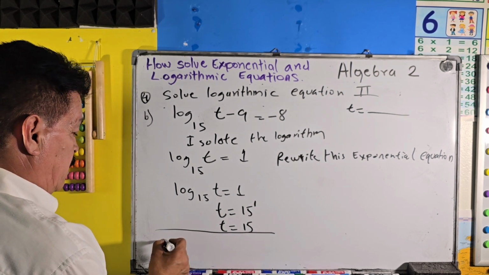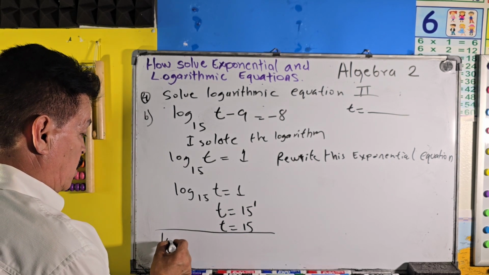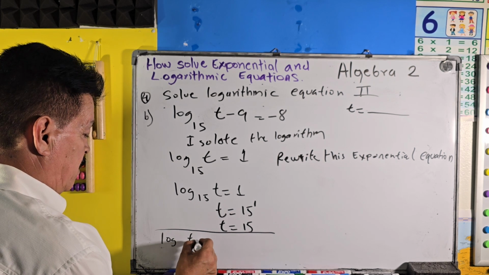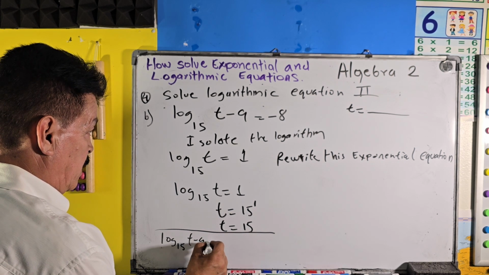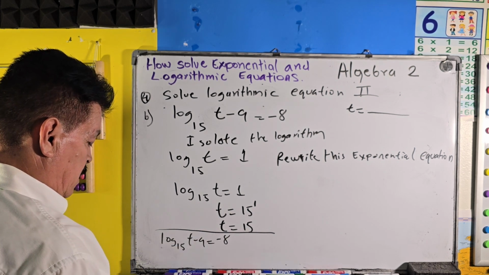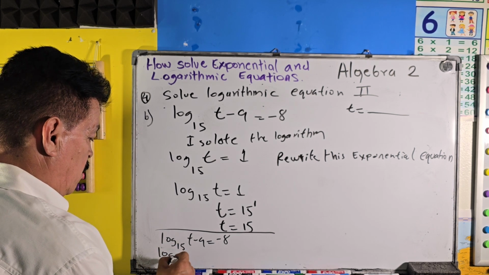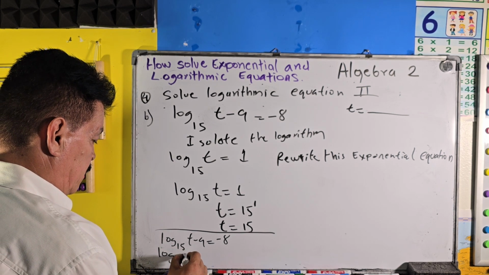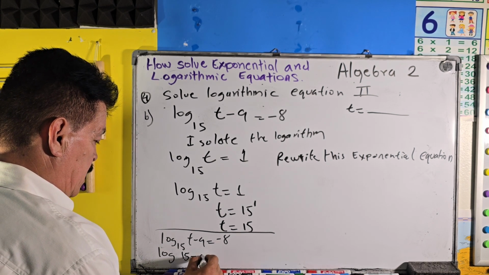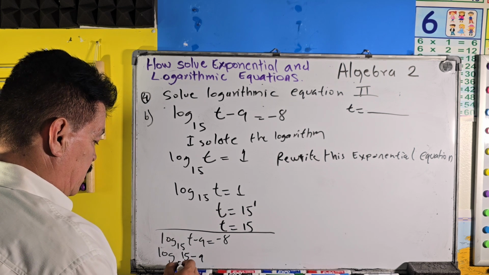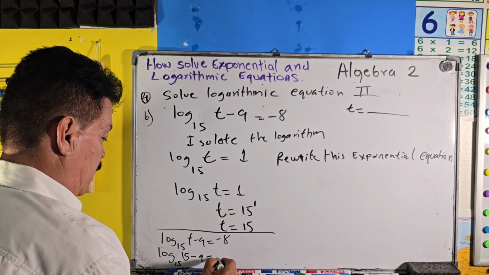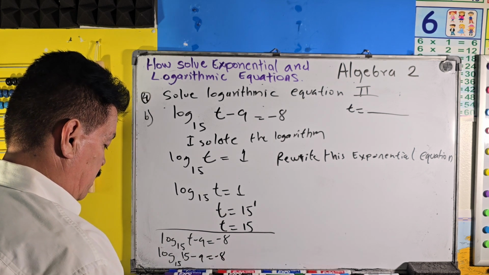Now I want to check this as the process. Log of t minus 9 with the base 15 equals negative 8. So here, log of 15 minus 9 with the base 15 will equal negative 8.